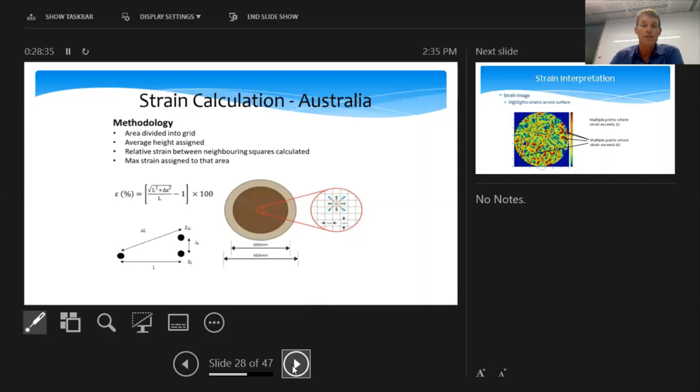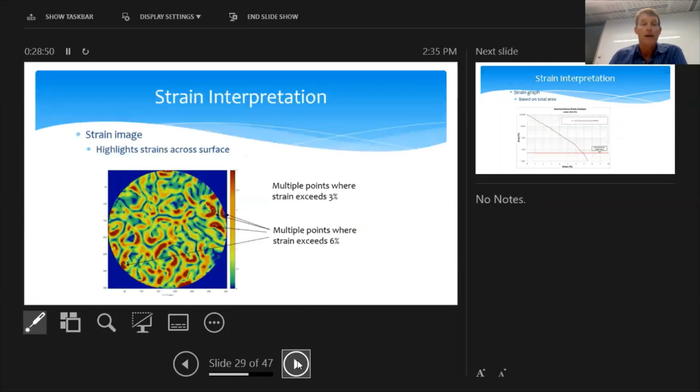And that way, we developed this methodology so that we could analyze the whole plate, not just three or five individual points. It had to be the whole surface area of the plate. And what you can see from that is that you can get a graphical image of the strain values, shown by color coding. Red areas define areas of strain which exceed 3% strain, and you can see there's multiple areas around the plate that exceed 3% strain.